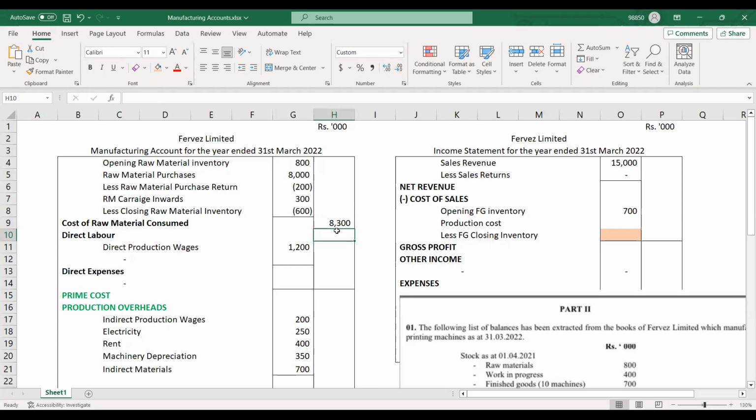Okay. So yes, that is the cost of direct material consumed. Here, cost of direct labor then is 1,200. There is no direct expense. Can someone tell me then what is the prime cost or total direct expenses?